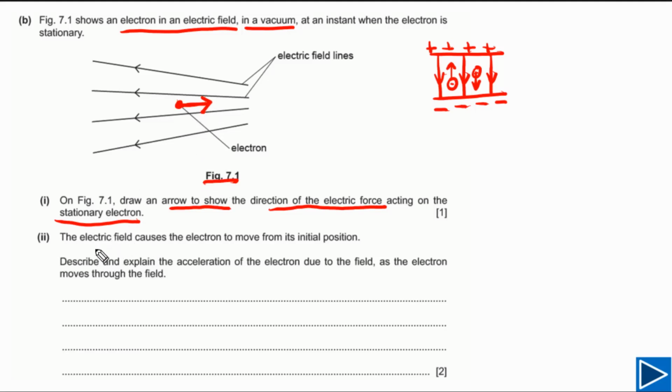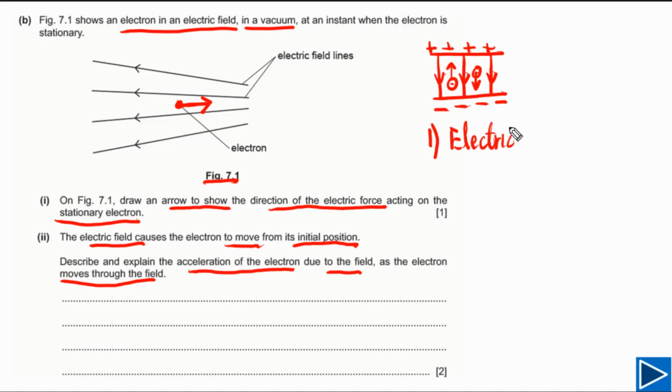If we look at the second part, it is given to us that the electric field causes the electron to move from its initial position. Describe and explain the acceleration of the electron due to the field as the electron moves through the field. Now when the electron is moving this way, we need to understand how the electric field is changing. The first thing we need to understand is that electric field lines are getting closer.